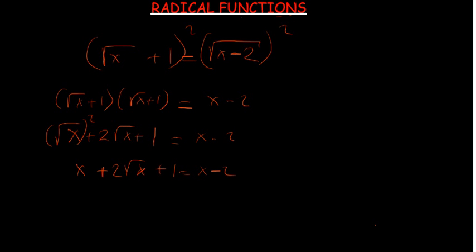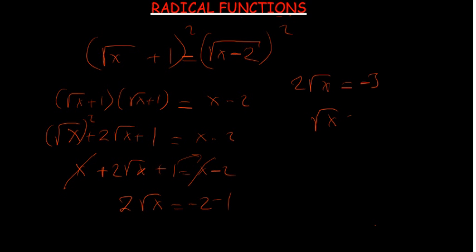So we can see that this x and this x, if they go to the same side, are going to cancel out. So we're going to remain with 2 root x being equal to negative 2. We can take this 1 that side, minus 1. So that is going to be 2 root x is equal to negative 3. We can divide by 2. That will give us root x is equal to negative 3 over 2.